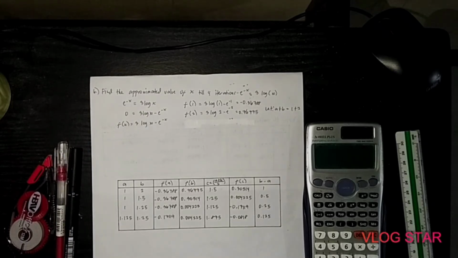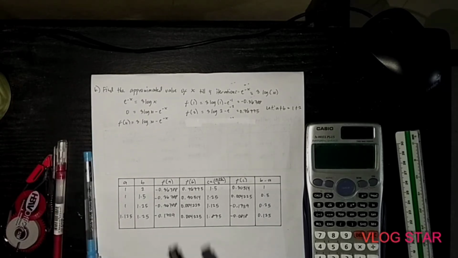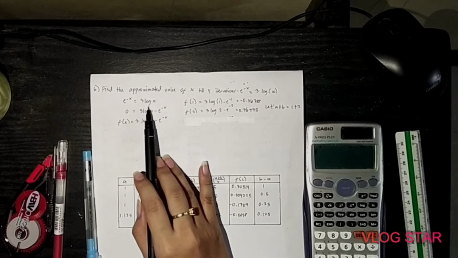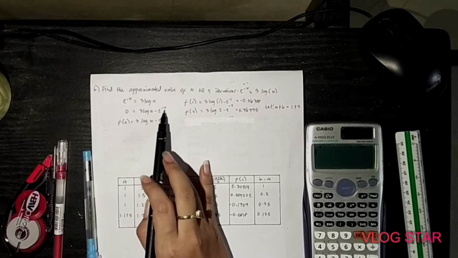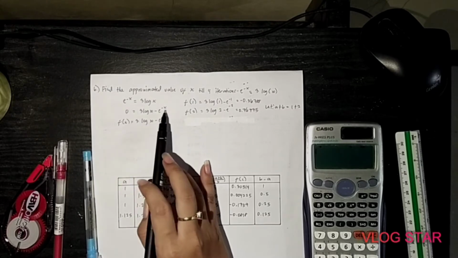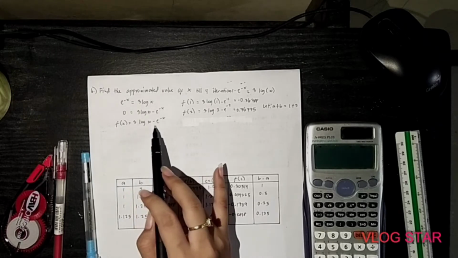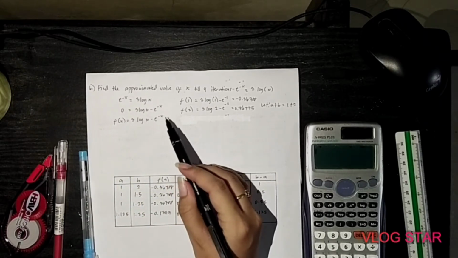We must rewrite the given equation: e to the negative x is equal to 3 log of x, and let this be equal to 0. Let's transpose this to this side, so it becomes negative, and f(x) will now be 3 log of x minus e to the negative x.